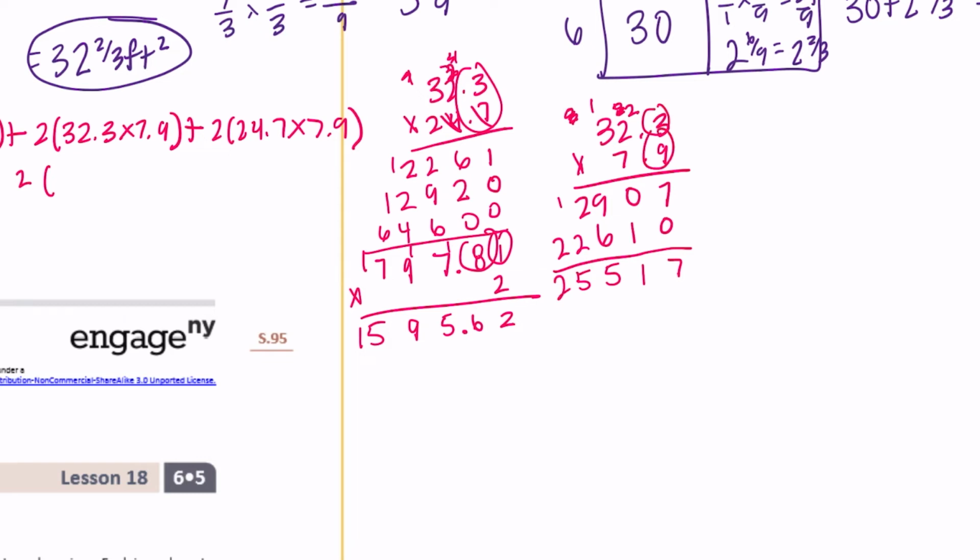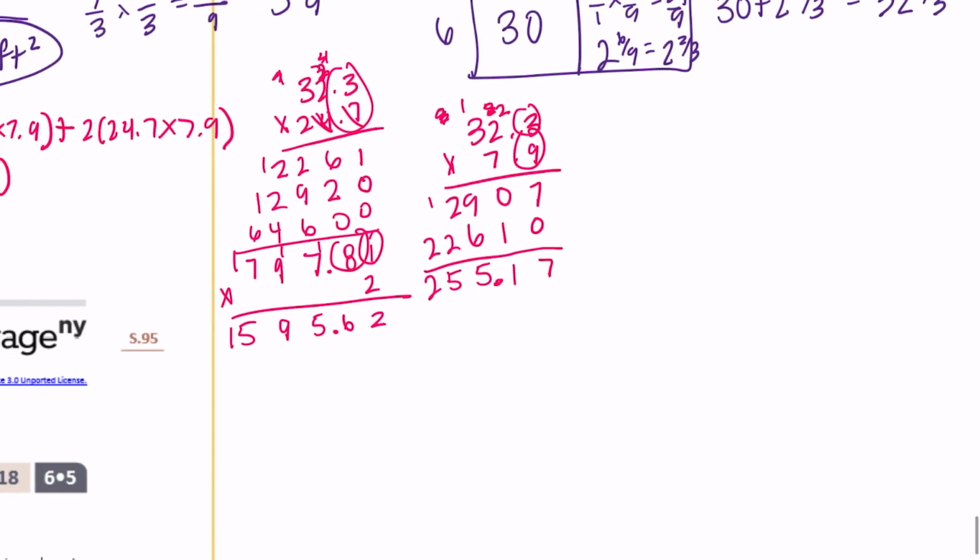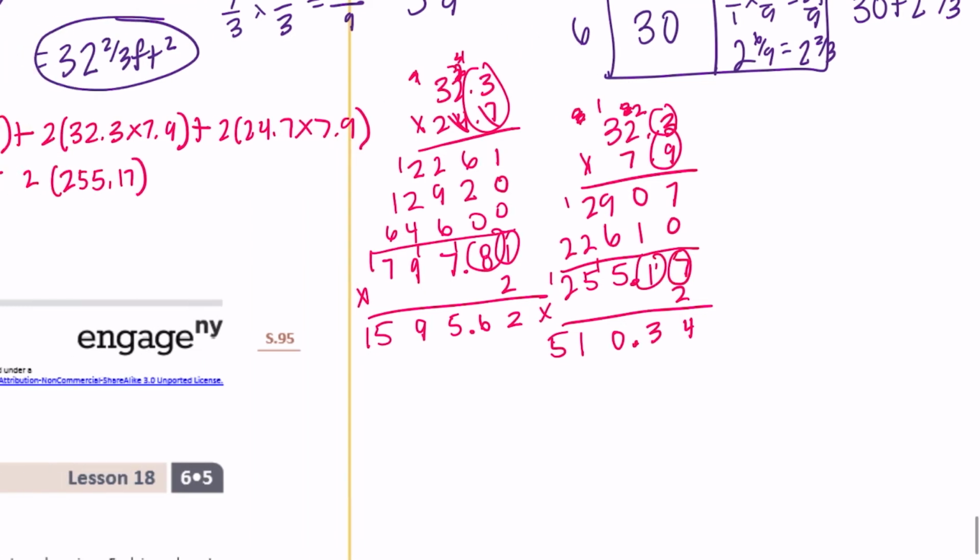And 2 digits behind the decimal point. So we have 255 and 17/100ths. Let's multiply it by 2, because there's 2 of them. Two digits behind a decimal point, so 510 and 34/100ths meters squared.